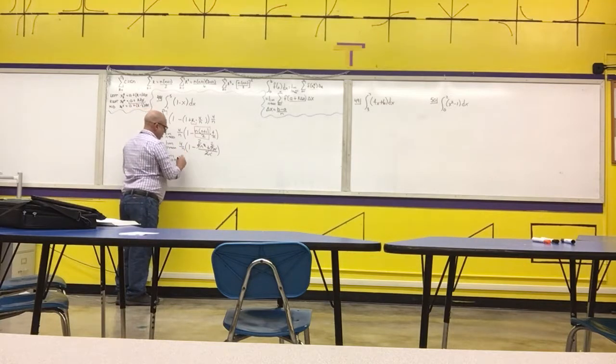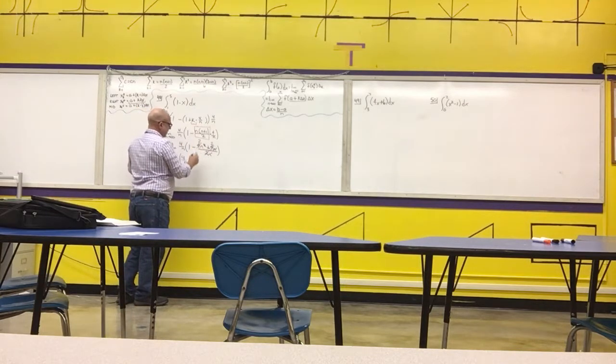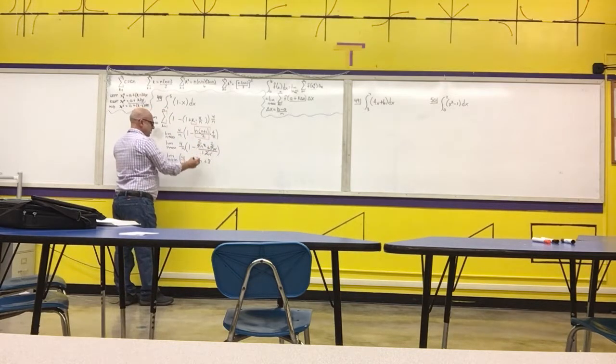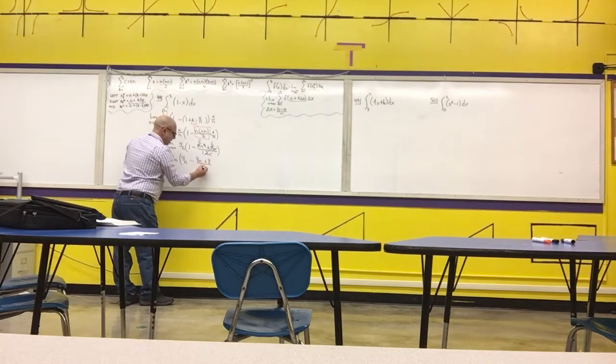4 over n times 1 is 4 over n minus 4 times 2 is 8n. 4 times 2 is 8. This is a 1, so that's over n.